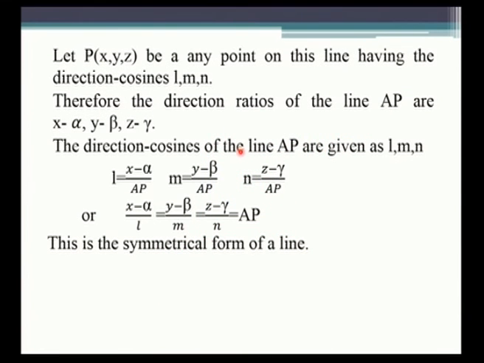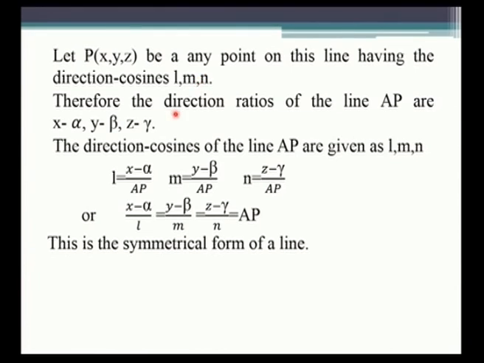Let P of x, y, z be any point on this line having the directional cosines L, M, N. Therefore, the directional ratios of the line AP are x minus alpha, y minus beta and z minus gamma.